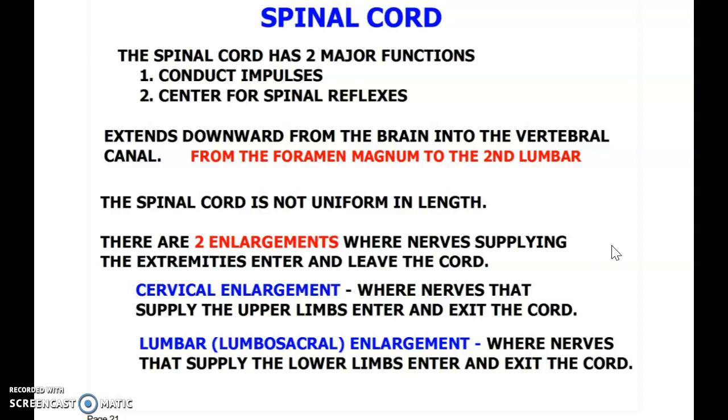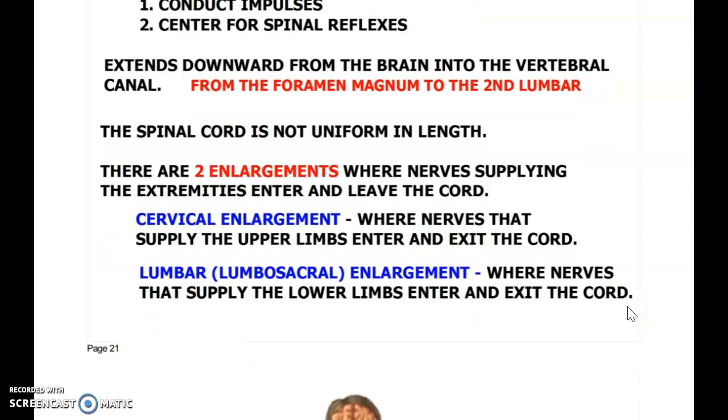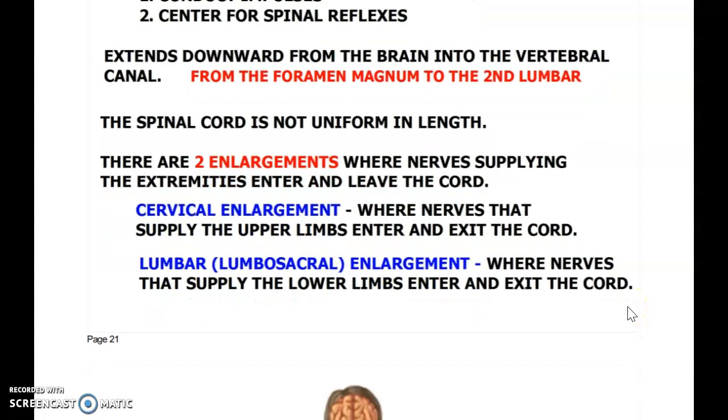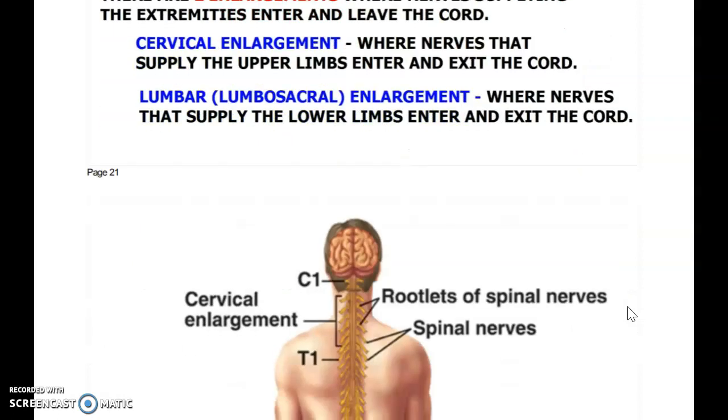So our limbs. So we have a cervical enlargement. Remember, cervical is the anatomical term for neck. So it would be in the neck where the nerves that supply the upper limbs enter or exit the cord, depending on if they're afferent neurons or efferent neurons. We have the lumbar or lumbosacral enlargement, so that's a bit further down in the lumbar region, just above the sacrum there, where the nerves that supply the lower limbs enter and exit the cord.